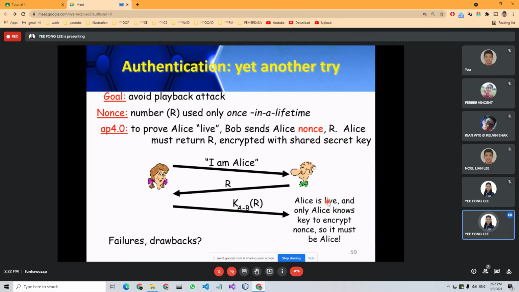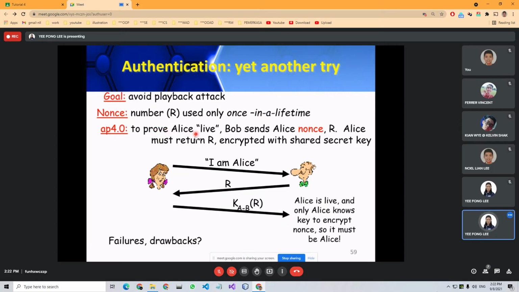Yet another try. This time, to avoid playback attack, playback again being a retransmission of the packet, the keyword is nonce, used only once in a lifetime. It cannot be used a second time.